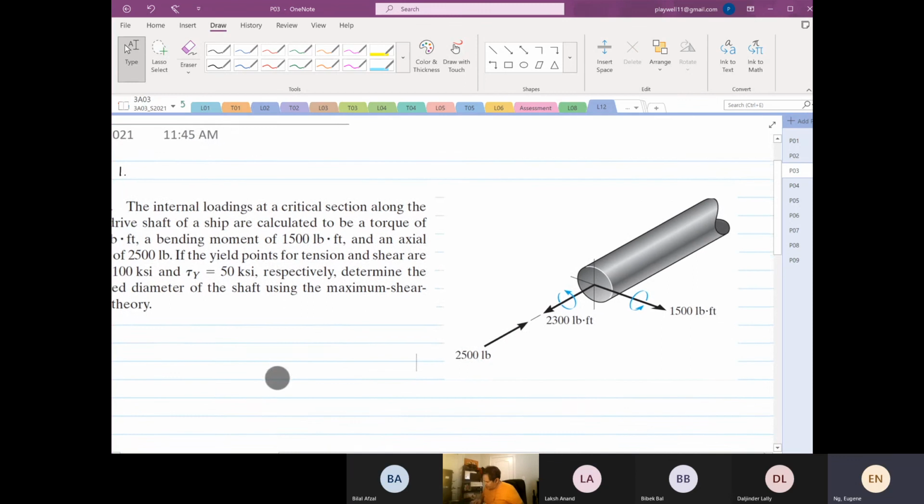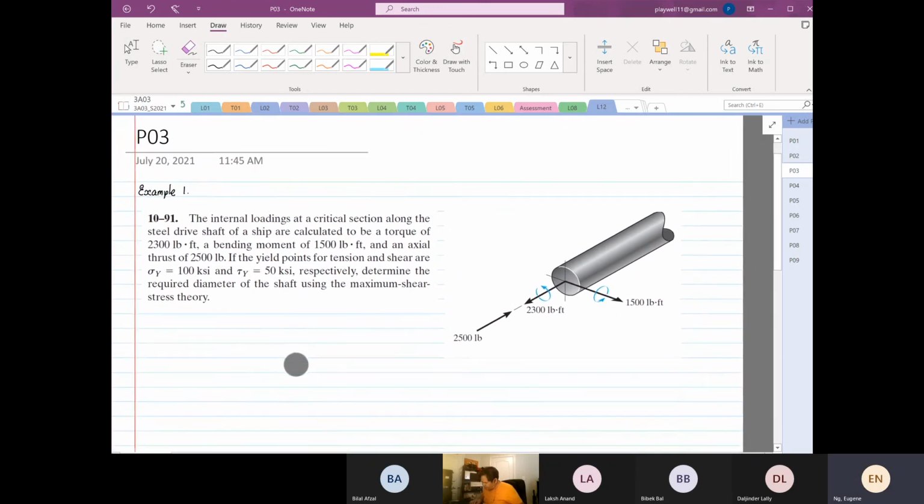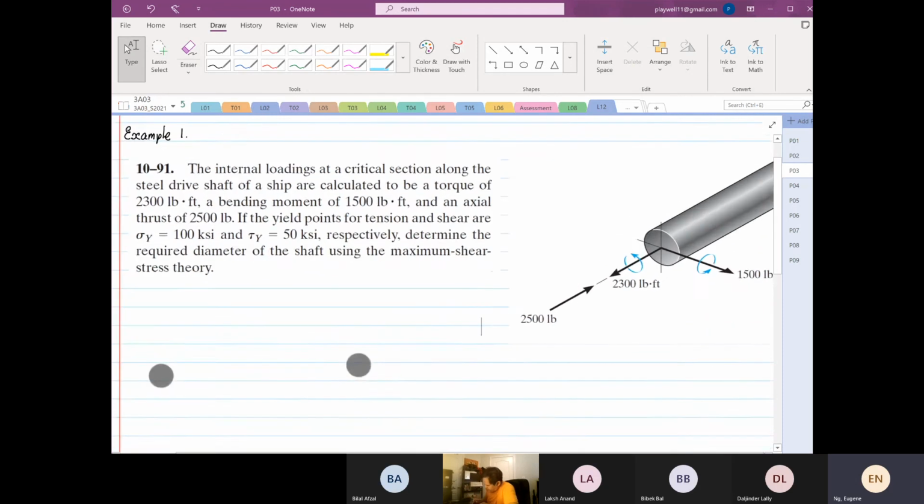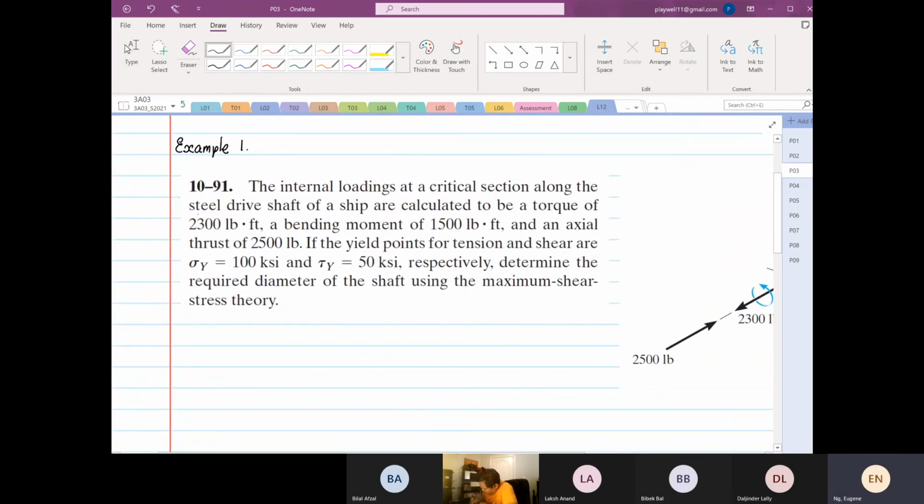Okay, so we are given a structure, the internal loads and a critical section along a steel drive shaft.